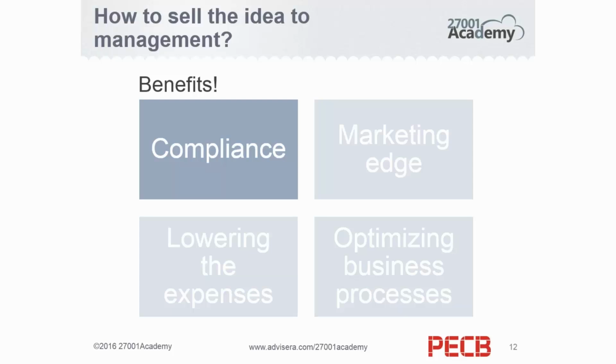For instance, privacy laws, or laws which require the handling of confidential information, are all more or less based on ISO 27001. So you can present to your top management that if you implement the standard, you will have a framework to comply with all of these laws and regulations, which is a very powerful thing to say to your top management.